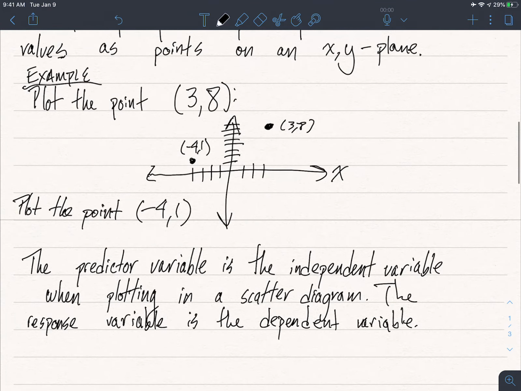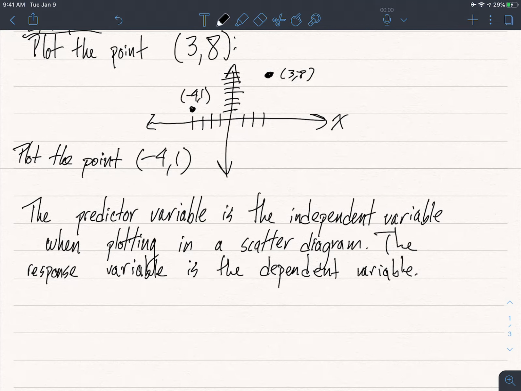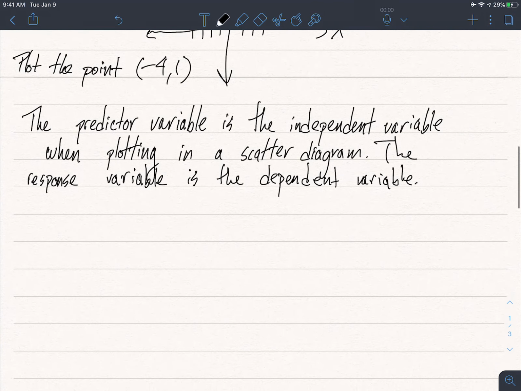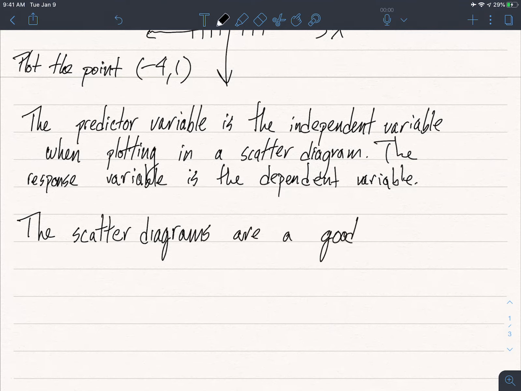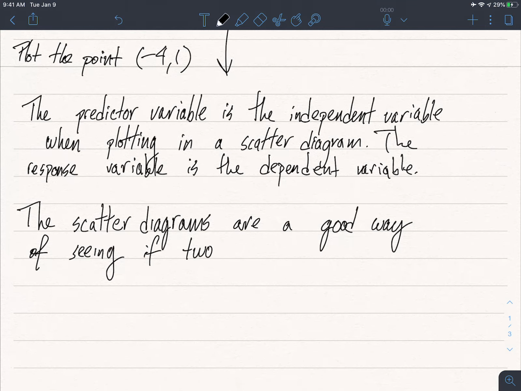So these scatter diagrams that plot points, I mean, with just these 2 points here, you can't really see the picture. Once you get a lot of points together from a sample and plot them, you start to see, hopefully, some shapes. All right, so scatter diagrams are a way of actually seeing with your eyes if two variables are correlated.